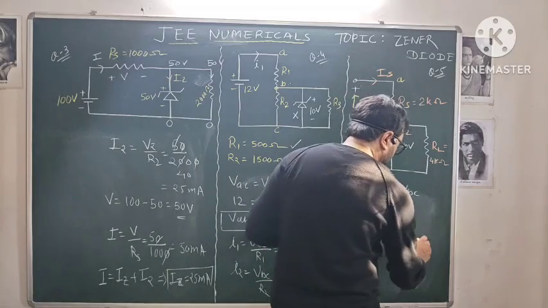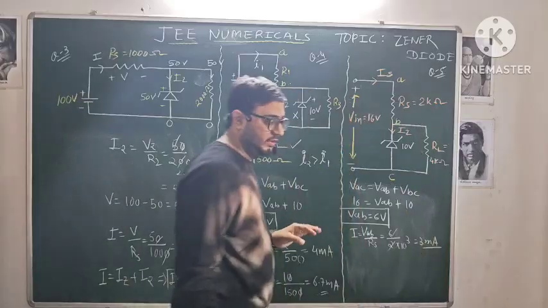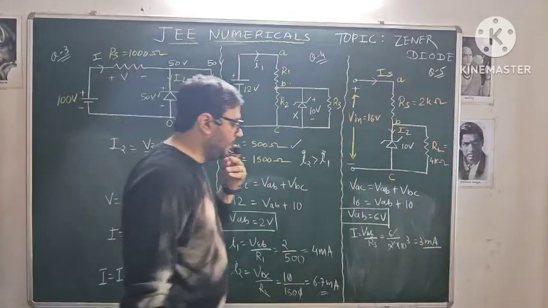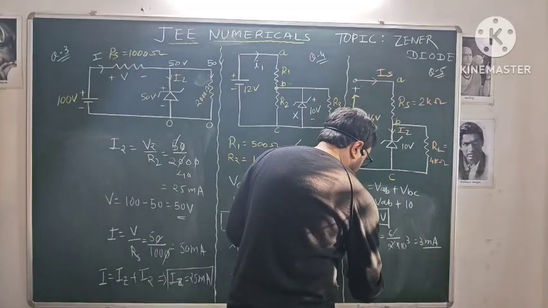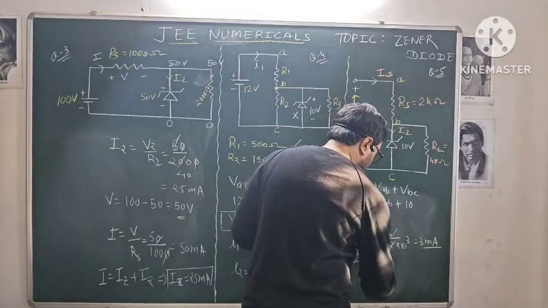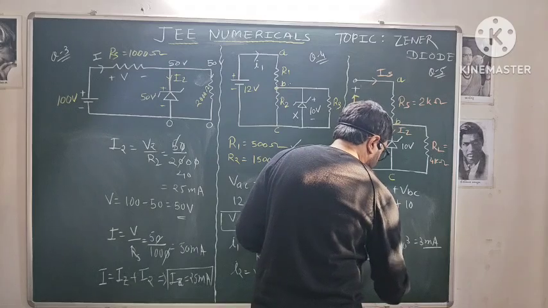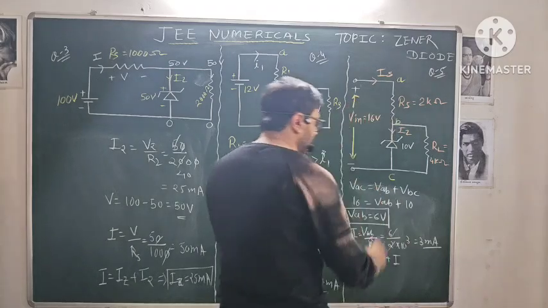So this will cancel out. So 3 milliampere is the current which is passing through RS. Now the total current is I is equal to IZ plus IL.